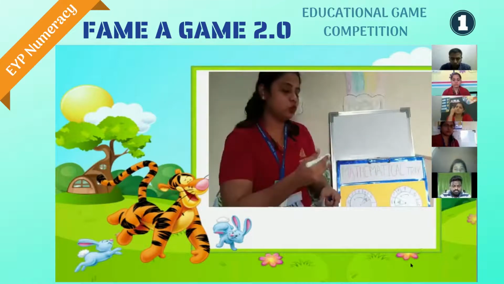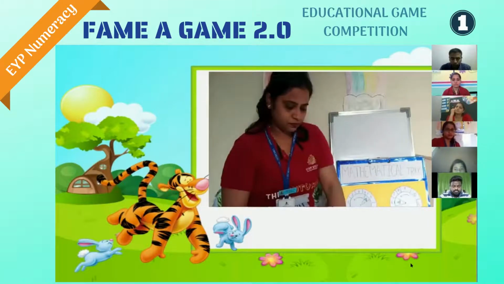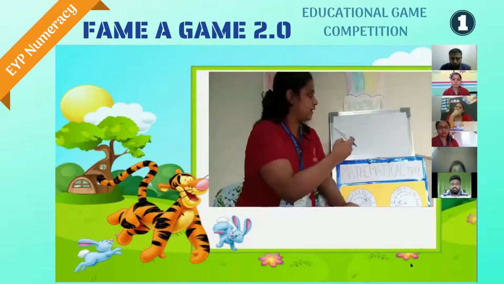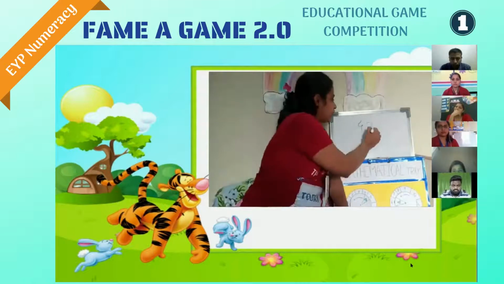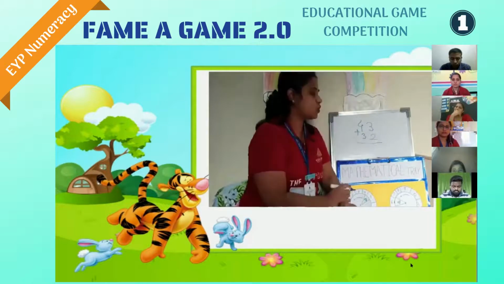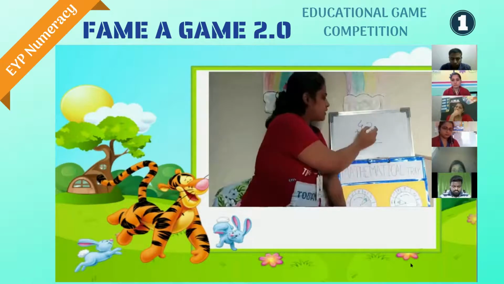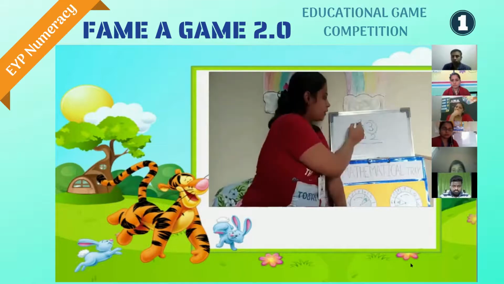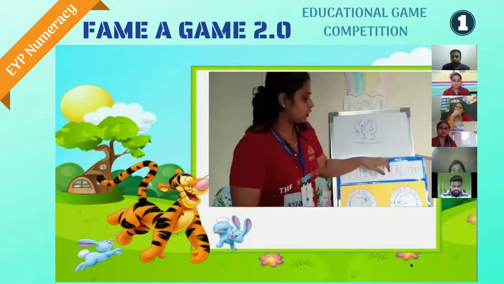For example, take two numbers. Let's say 43 plus 32. Okay. So in the first number, 3 is at ones place and 4 is at tens place.